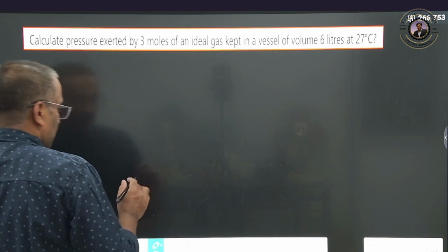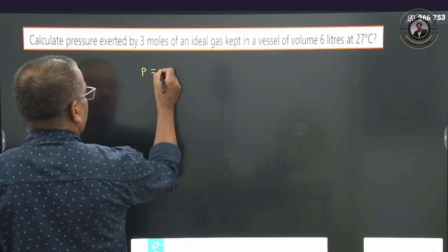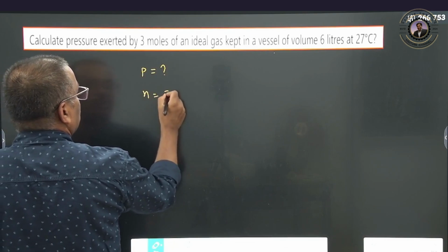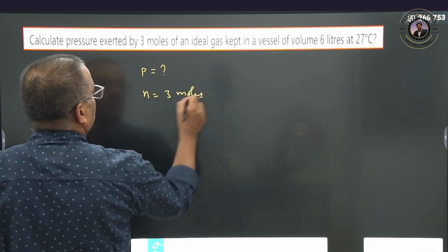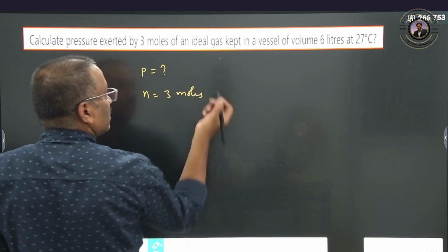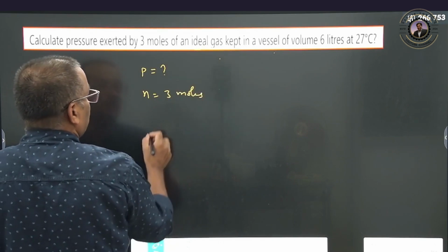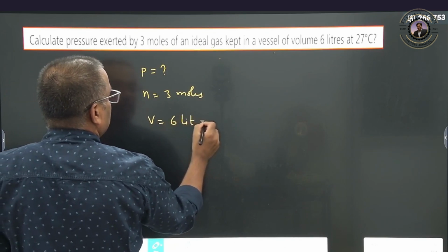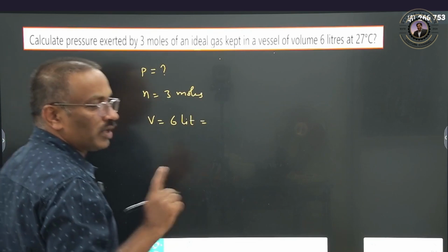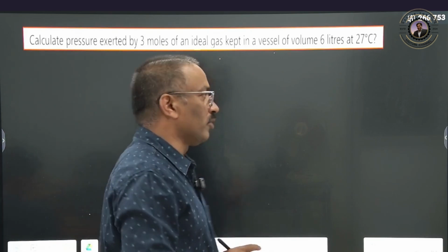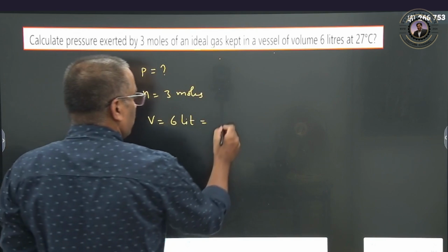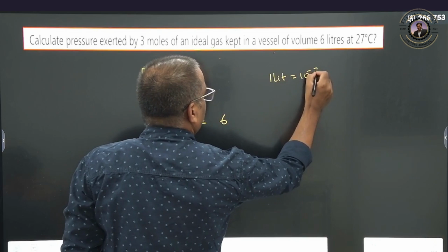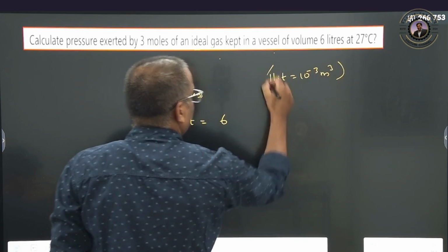Calculate the pressure. He is asking us to calculate the pressure. Given the number of moles n is equal to 3 moles of an ideal gas. The gas is kept in a vessel of volume 6 liters. Always utilize the SI system. I already told you, 1 liter is equal to 10 to the power of minus 3 meter cube, volume is in meter cube.